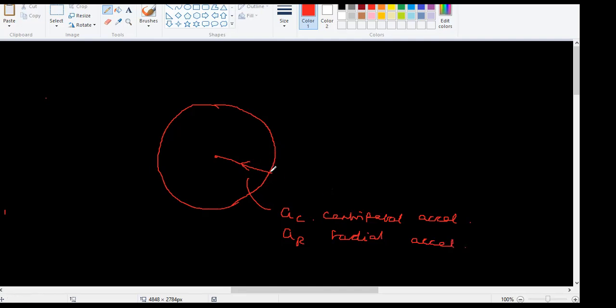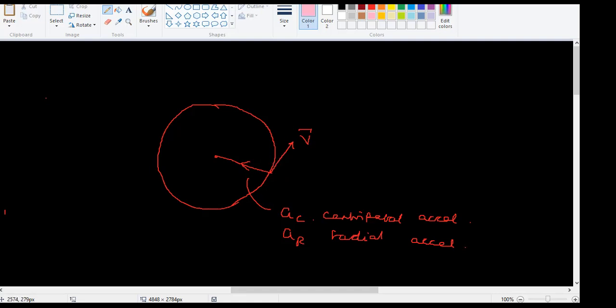But then listen carefully. This is the velocity direction. If I want to increase the speed, should the acceleration or the force direction be perpendicular to it, in the same direction, or in the opposite direction? Which way should it be for the speed to increase? Same direction, right?